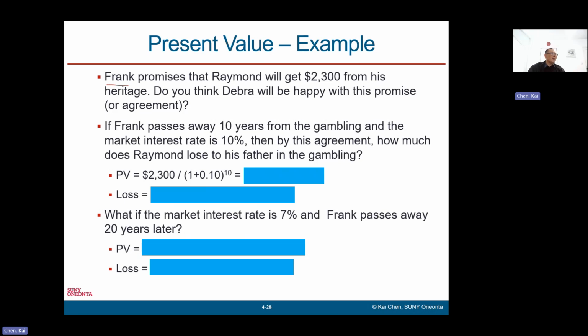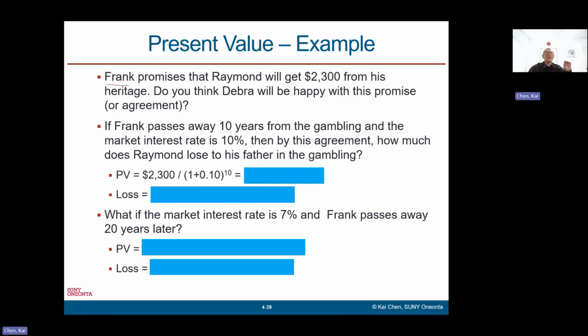The market interest rate is 10%, which means this is an investment opportunity. Raymond can invest his money to earn the yearly interest rate of 10%.